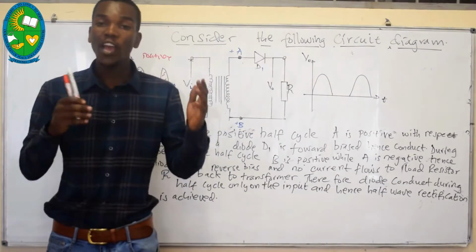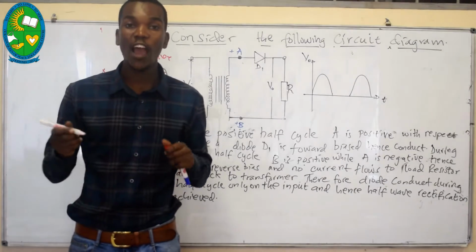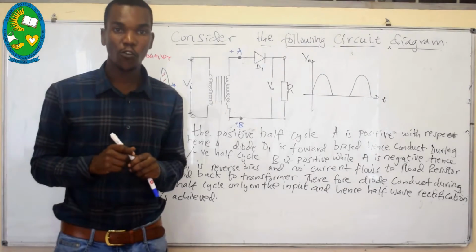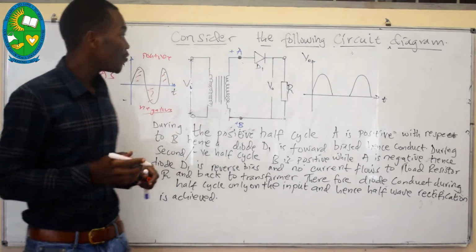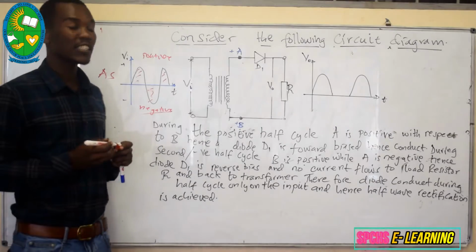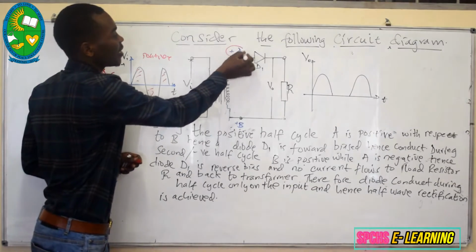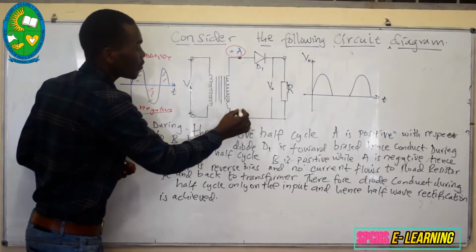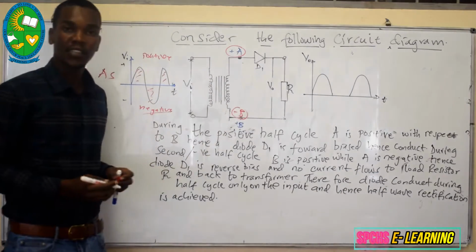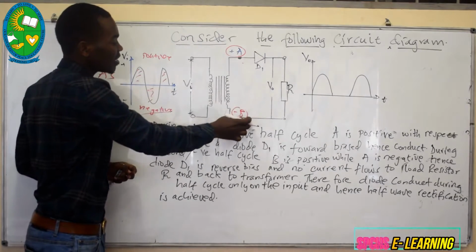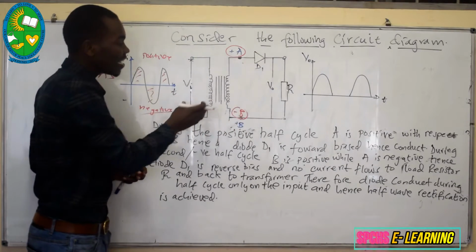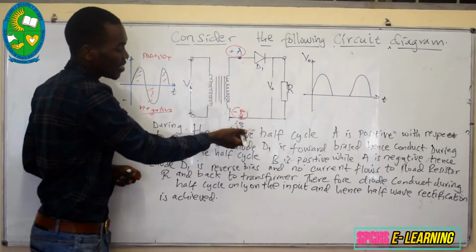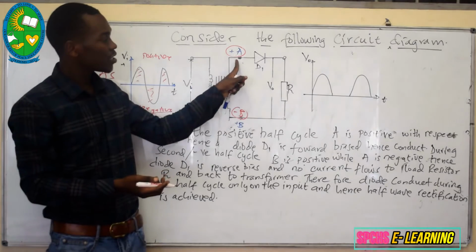Therefore, in half-wave rectification, the following happens. During a positive half cycle of the alternating current, point A becomes positive. When point A becomes positive, point B becomes negative.